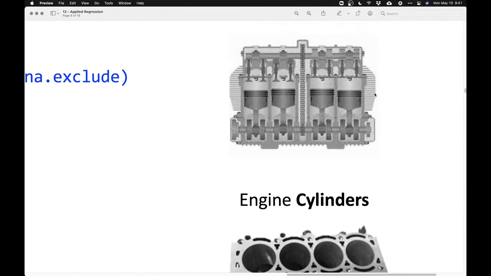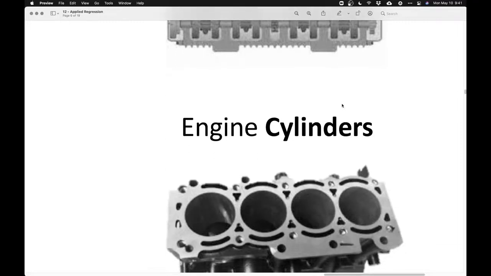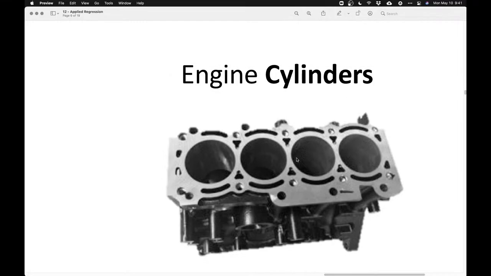So in a car engine, you've got these pistons, and they go up and down to compress the gas, ignite it, and then they go down again, right? So these are pistons, and they are housed in a cylindrical hole. Each of them is in a cylindrical hole, and these holes are called cylinders.